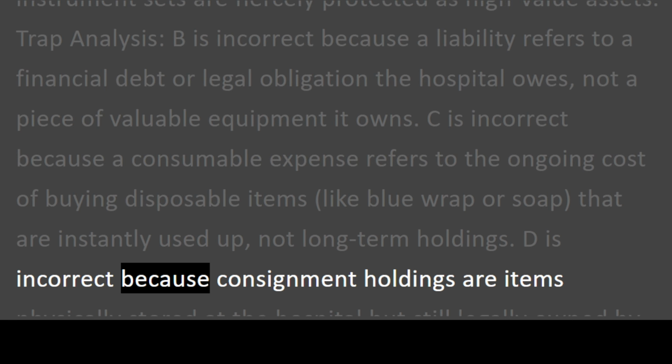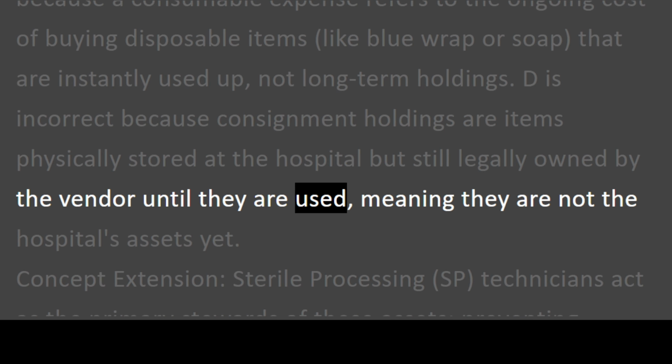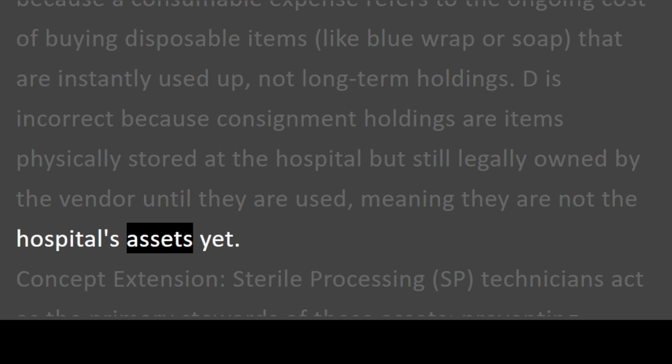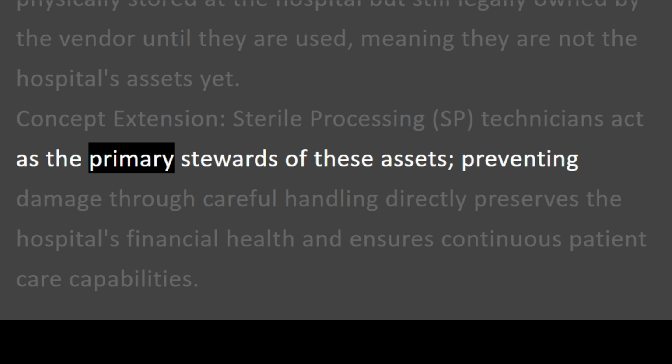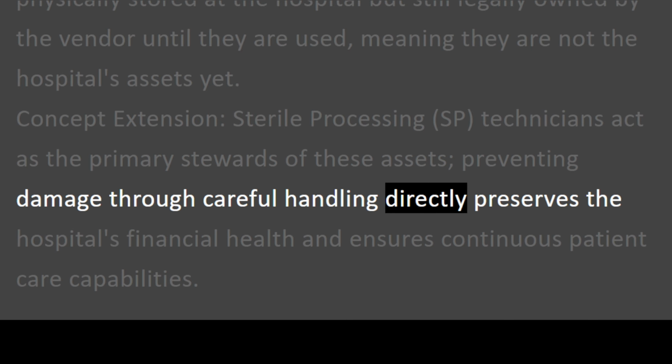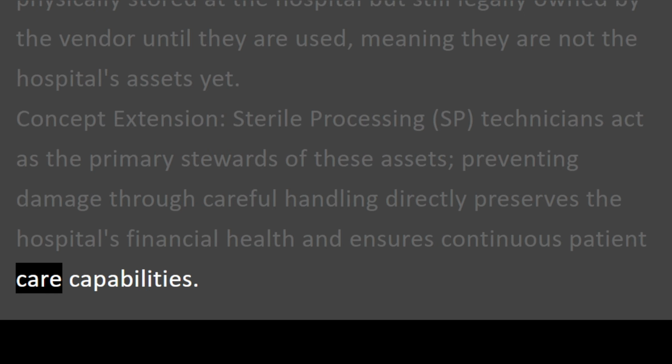D is incorrect because consignment holdings are items physically stored at the hospital but still legally owned by the vendor until they are used, meaning they are not the hospital's assets yet. Concept extension. Sterile processing, SP, technicians act as the primary stewards of these assets. Preventing damage through careful handling directly preserves the hospital's financial health and ensures continuous patient care capabilities.